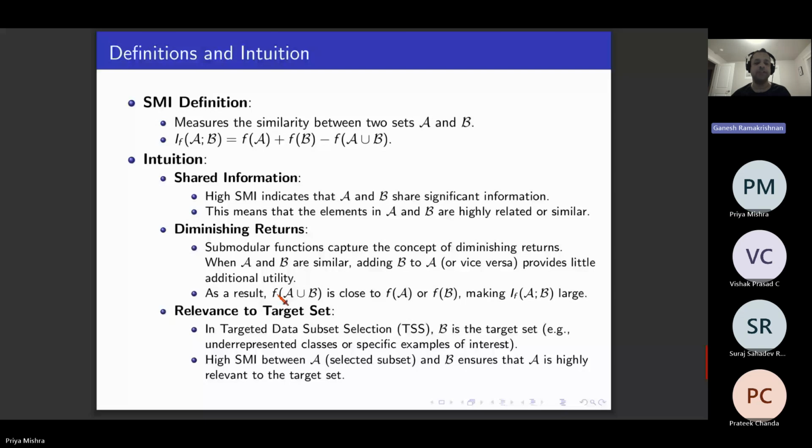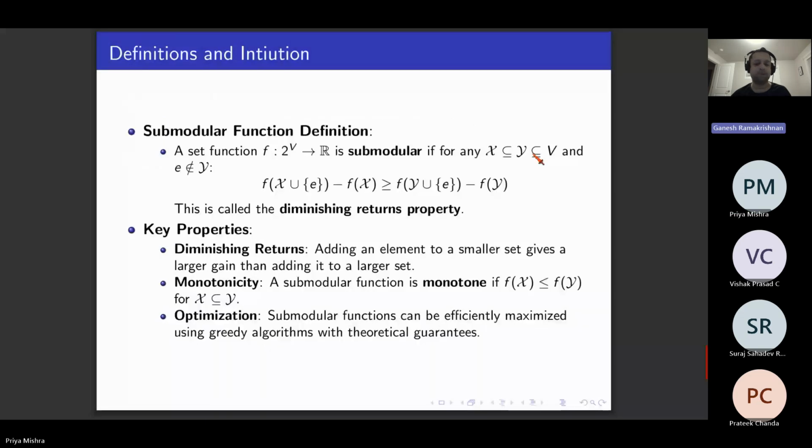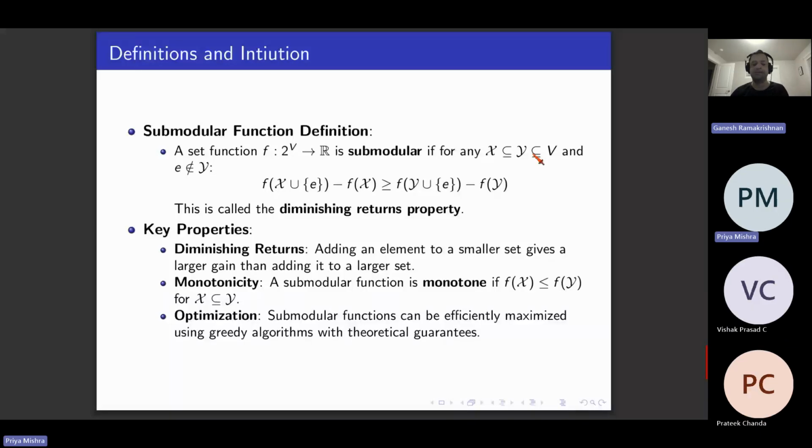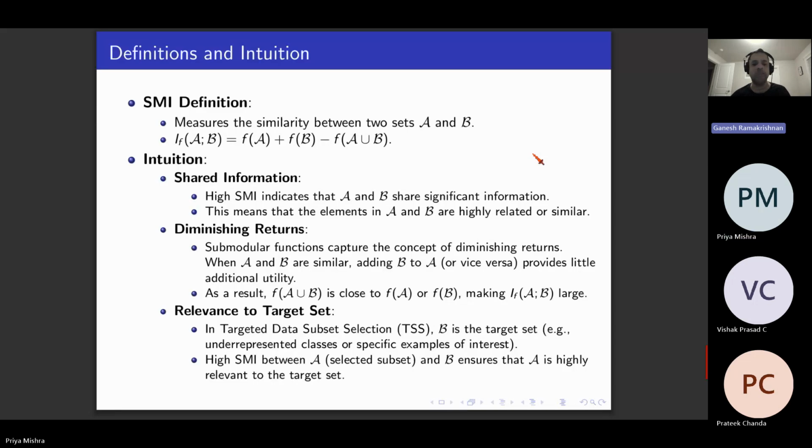So if I of x comma y, or a comma b, is defined as f of x plus f of y minus f of x union y, or f of a plus f of b minus f of a union b, then I'm talking about the definition of I. So if f is graph cut, what does the paper comment about the nature of I or any of the other variants?